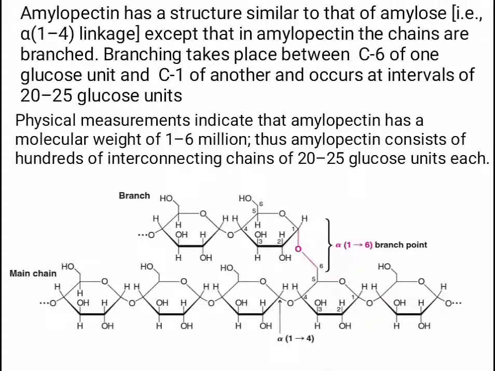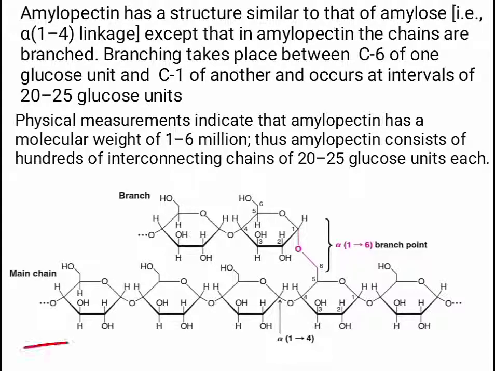Amylopectin has a structure similar to that of amylose, that is alpha 1,4 linkage, except that in amylopectin the chains are branched. Branching takes place between C6 of one glucose unit and C1 of another and occurs at intervals of 20 to 25 glucose units.